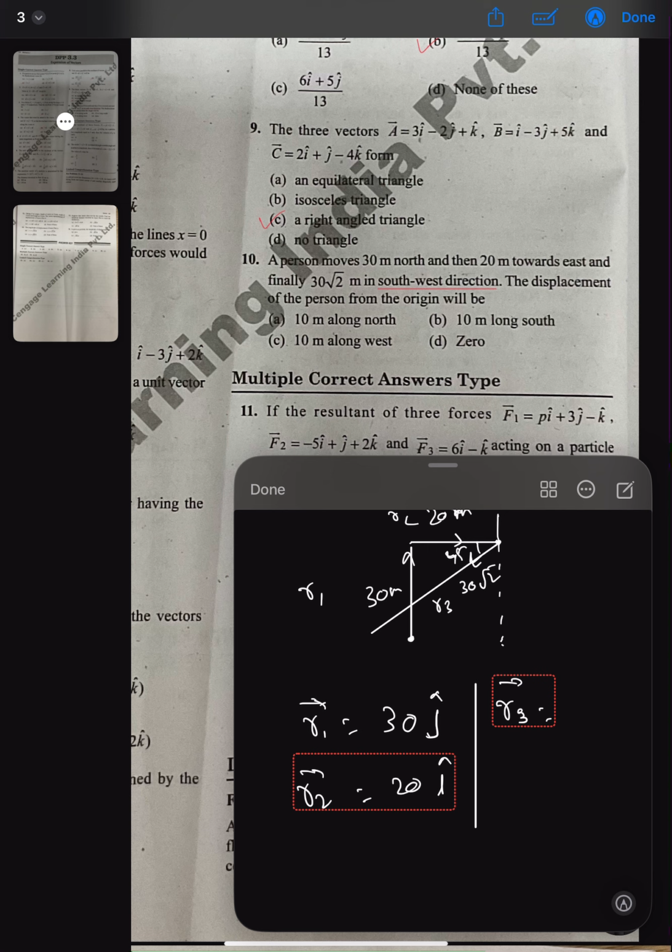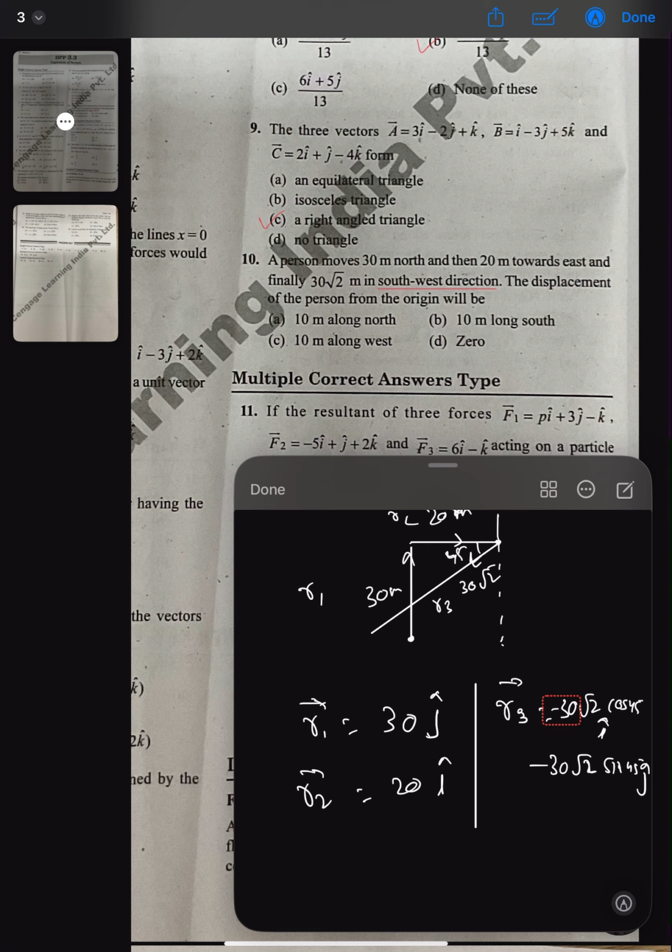So R3 will be minus 30 root 2 cos 45 i cap, and minus 30 root 2 sin 45 j cap. This is how the particle has moved.